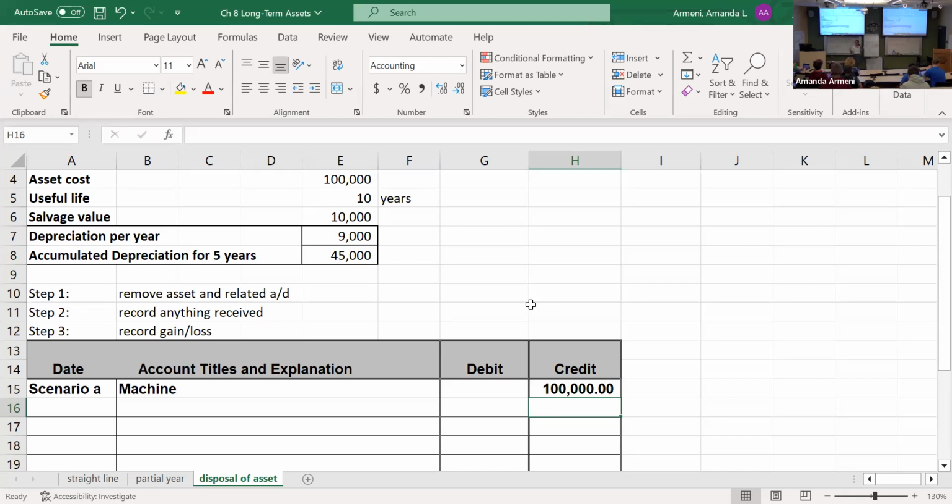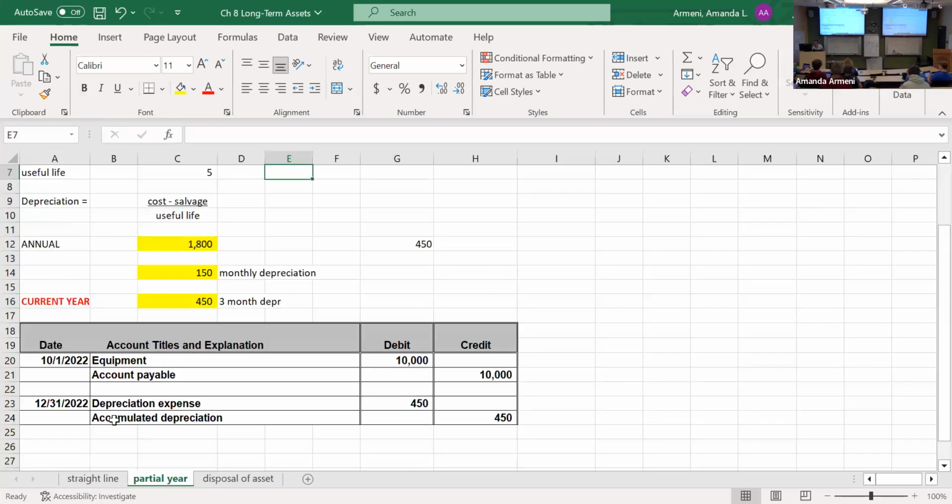So every year we made a credit. 9,000, 9,000, 9,000, 9,000. We figured out that that account is sitting with a $45,000 balance, and we know it's on the credit side. Because every single time you make an entry in your journal for depreciation, the accumulated depreciation is a credit every single time.